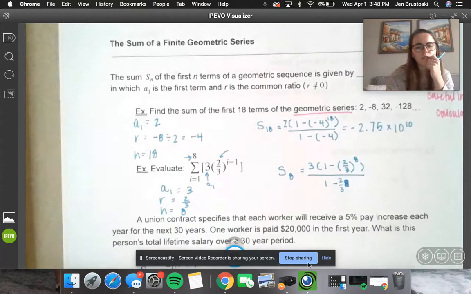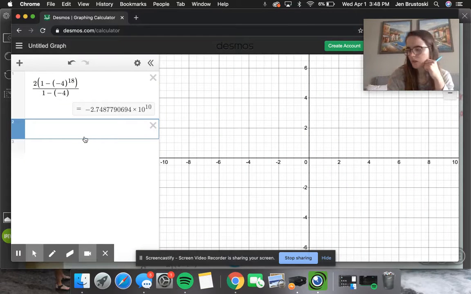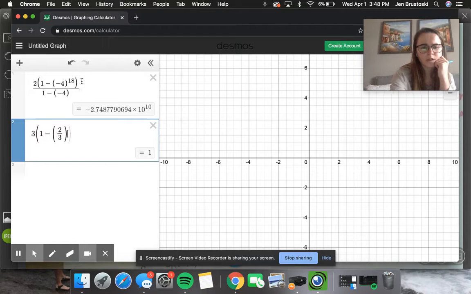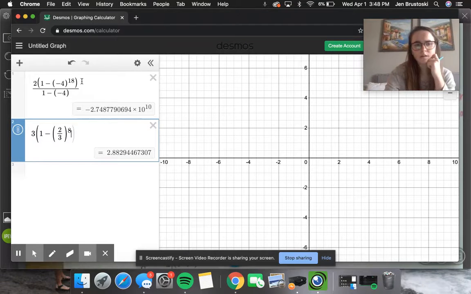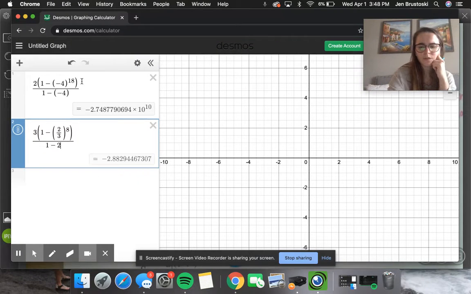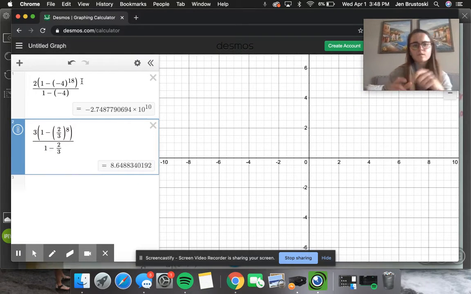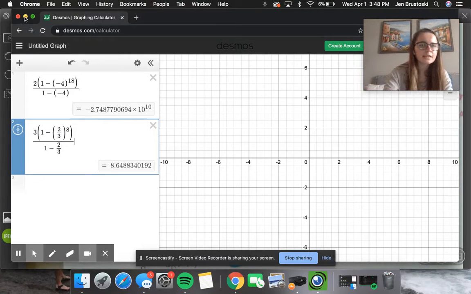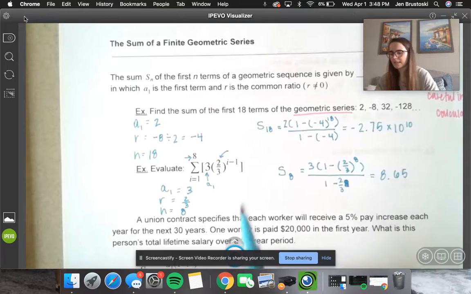So plug that into Desmos. We've got 3 times 1 minus 2/3 to the 8th divided by 1 minus 2/3. If we round that to the nearest hundredth, we get 8.65 as that sum of the first 8 terms.